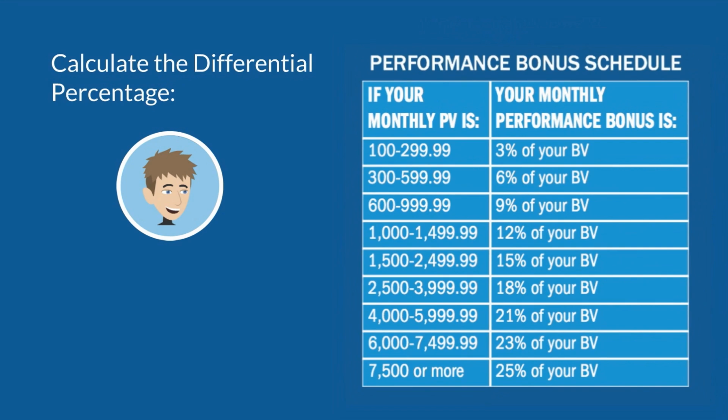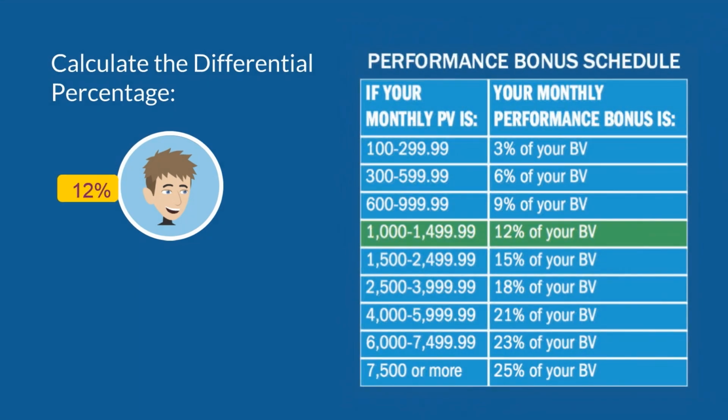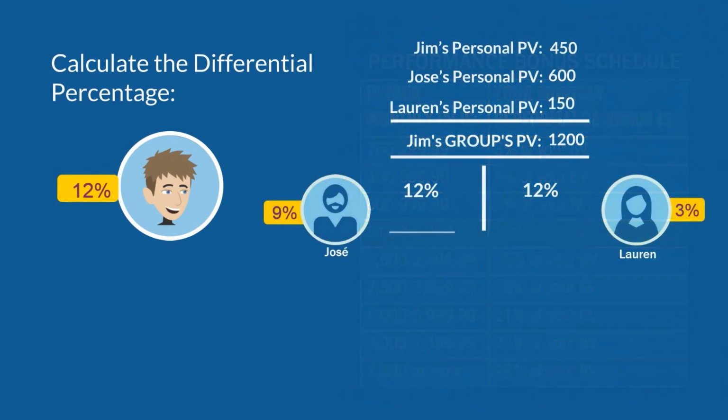Jim's group PV is 1,200, so he's at the 12% bracket. Subtract both Jose's and Lauren's performance bonus percentages. After doing the math, you can see that Jim will receive a 3% differential bonus from Jose and a 9% differential bonus from Lauren.